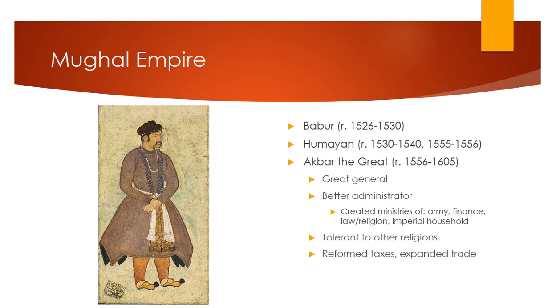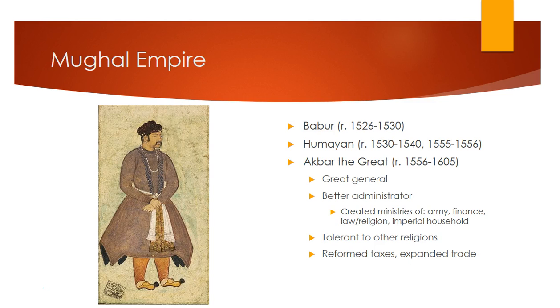The amazing thing about the bureaucracy of the Mughal Empire was that a lot of these positions in it were filled by peoples of many different faiths. There were Muslims, there were Hindus, there were Christians, there were even Buddhists. So all kinds of different faiths formed up the bureaucracy to help him rule. Obviously, the Ministry of Law and Religion, that's going to be Muslims, right, who are going to be in that.